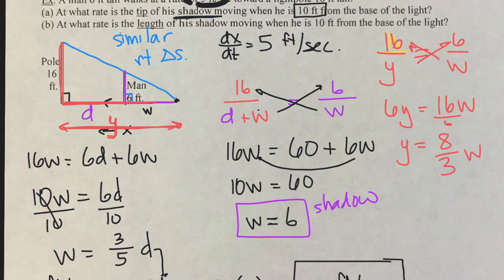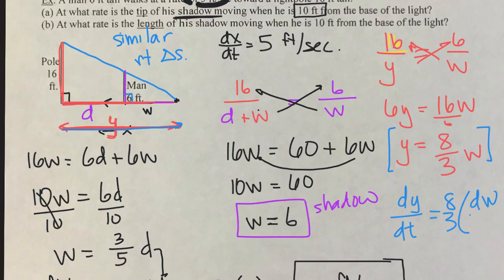Now let's take the derivative with respect to time. So we're going to have dy/dt, and remember, y is the entire length all the way out to the tip of his shadow. So that's what we want to solve for, equals 8/3 of dW/dt.